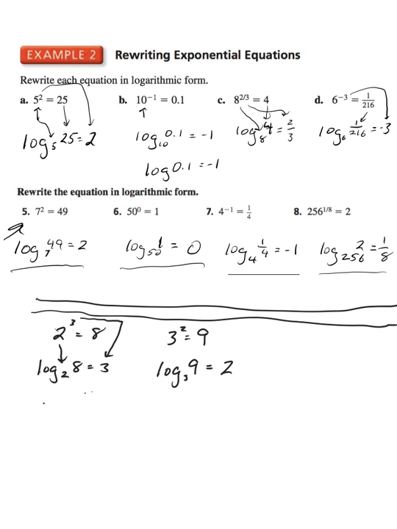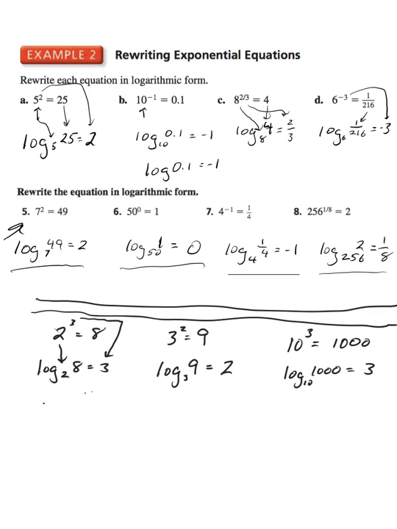Now, there's a couple interesting exponential equations that we're going to see, and I just want to demystify the notation. Anytime we have something like 10 to the third equals 1,000, and I convert that to log form, a lot of you would be tempted to write log base 10 of 1,000 is equal to 3.